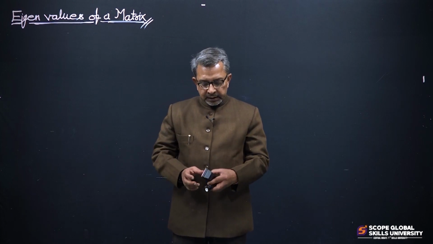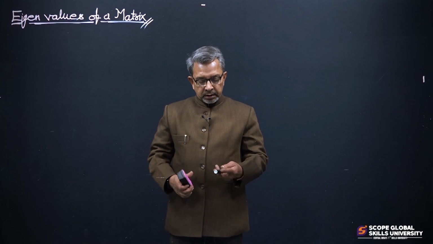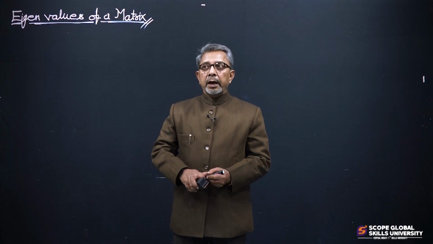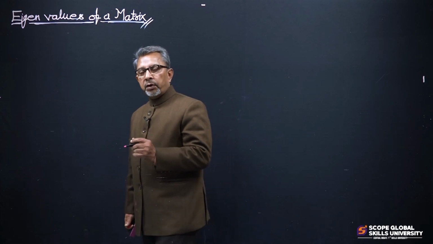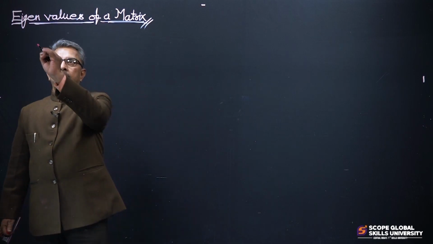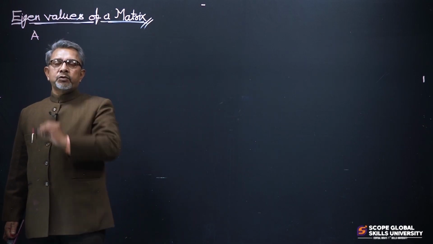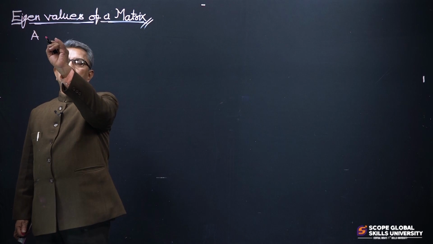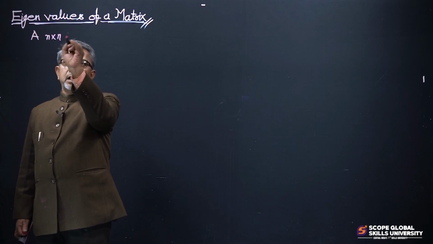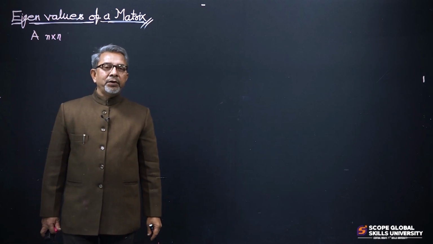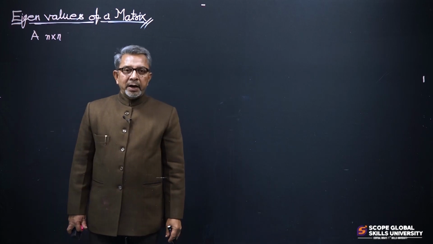allied sciences. Dear friends, let us try to understand that if we have any square matrix, for example, let A be any square matrix and its order is n by n, or simply we can say the order of this matrix is n.